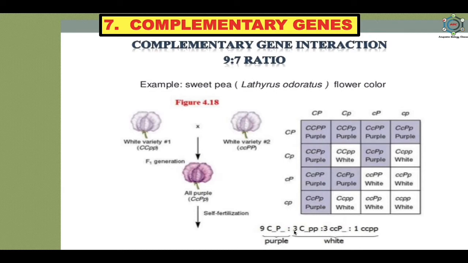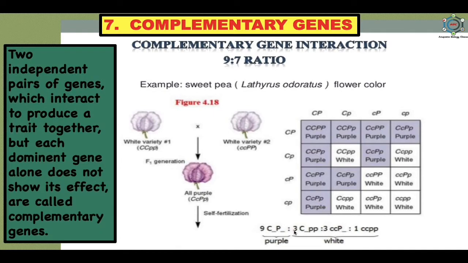And F1 plants on inbreeding or self-fertilization give an F2 generation in a ratio of 9 purple flowered to 7 white flowered. So, the two independent pairs of genes which interact to produce a trait together, but where each dominant gene alone does not show its effect, are called complementary genes.